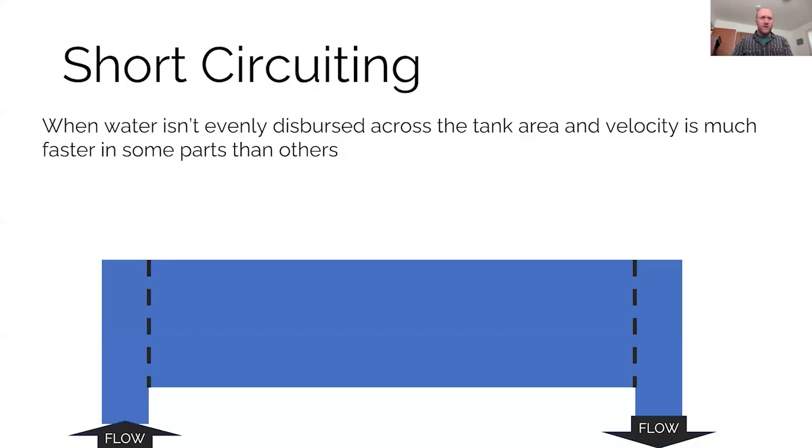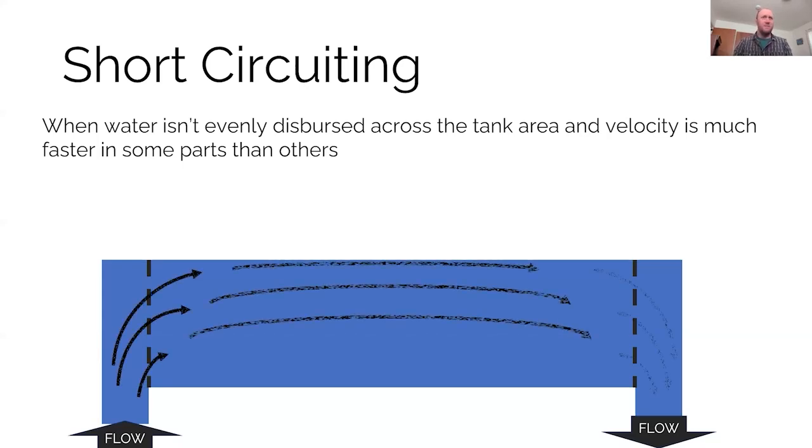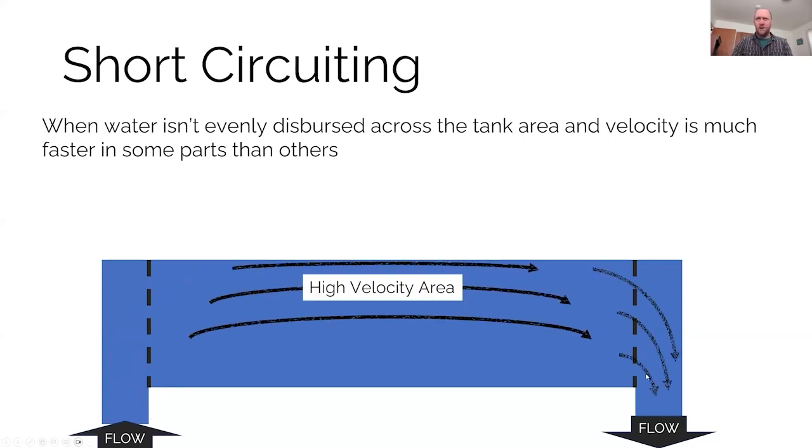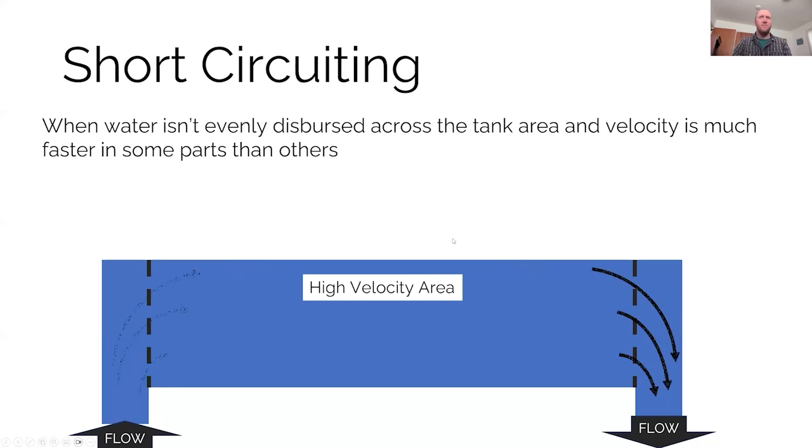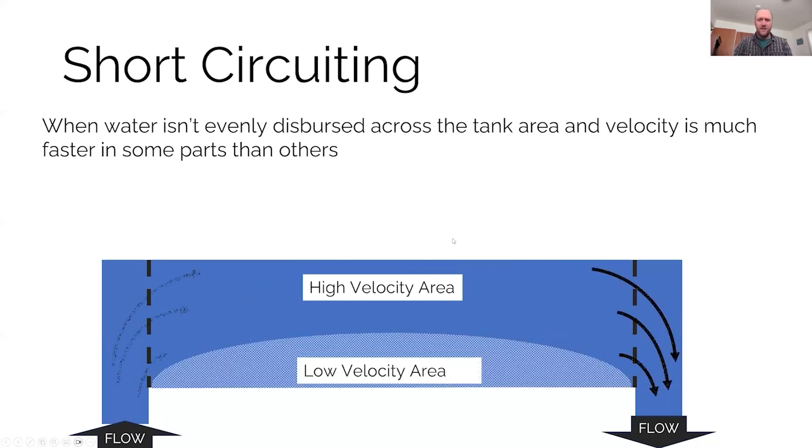Okay, and then short circuiting, I mentioned this earlier, but short circuiting can have a pretty big impact on sedimentation. In this example, we see the water flowing in on the left and then leaving on the right. You can see that it's kind of going up in this arc. So we have this high velocity area, and then we have a low velocity area.